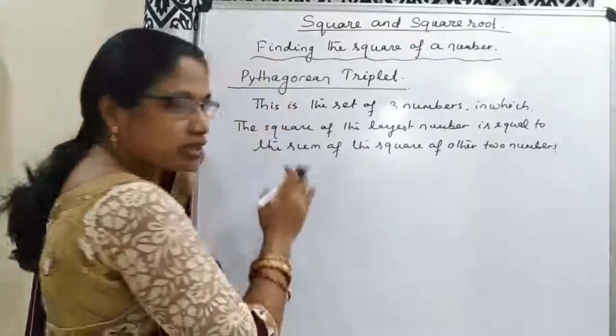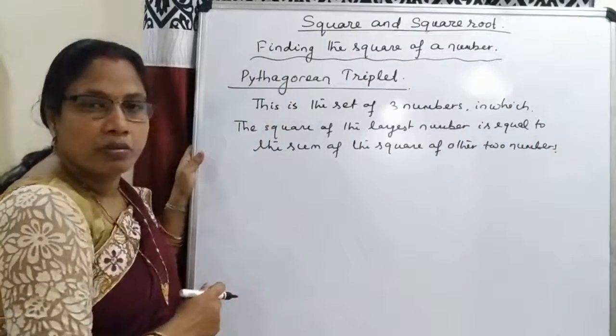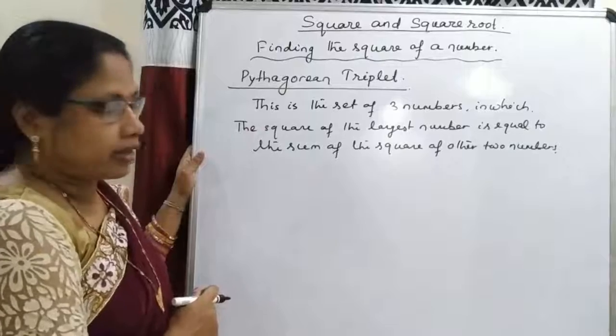Simply, we say it is a set of 3 numbers which represent a right triangle.